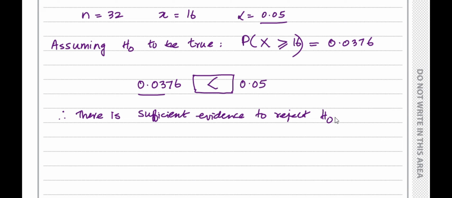We also need to say a contextual representation or narration about what this means. What does this mean? If you are having sufficient evidence to reject H0, what does it mean? So you can say there is evidence to support Nasir's claim.